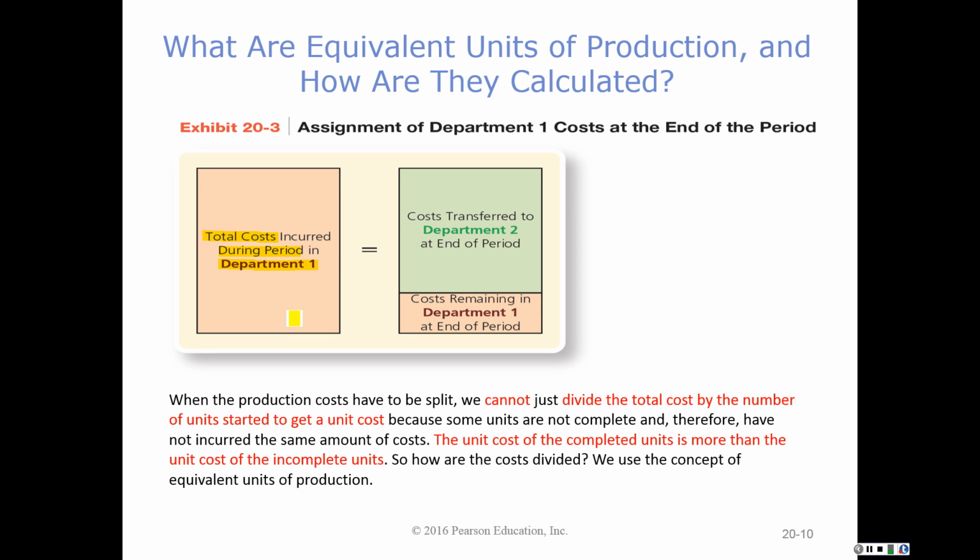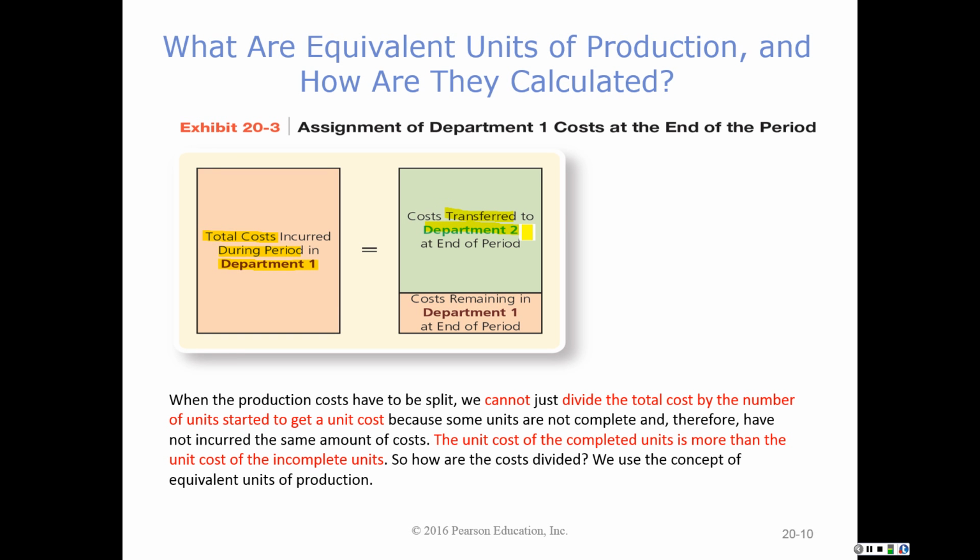So remember, with process costing, at the end of the period, we've got two different things that we can do with our cost. All of the costs that were taking place, for example, in mixing our crayons, all of the mixing costs that are complete will get transferred over to Department 2 at the end of the period.